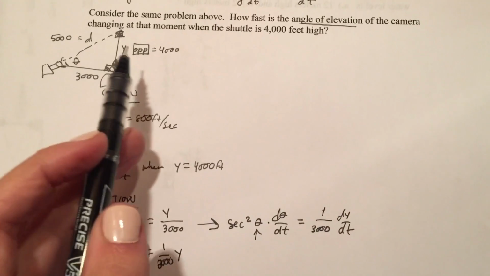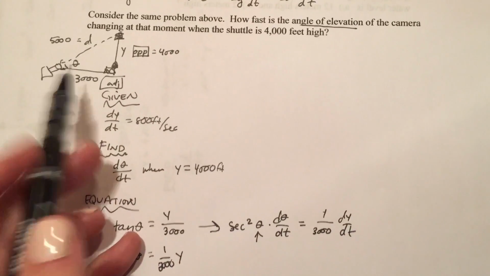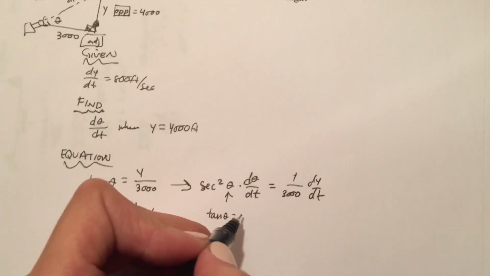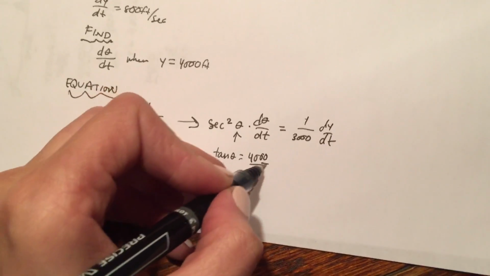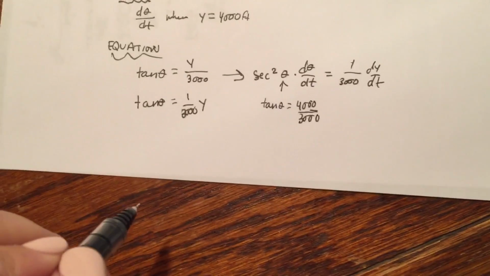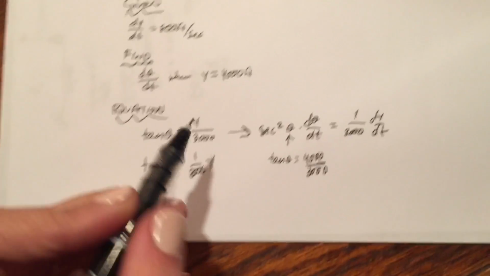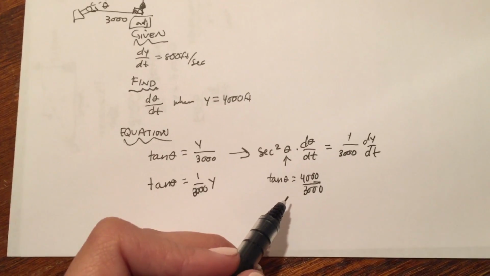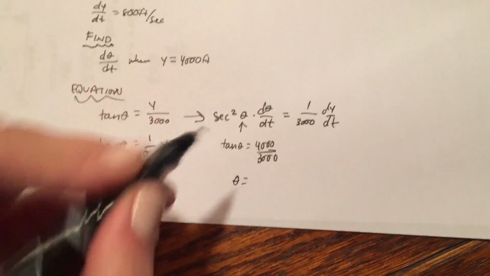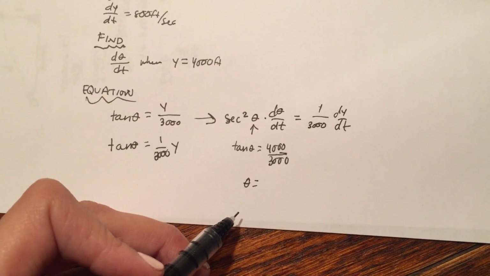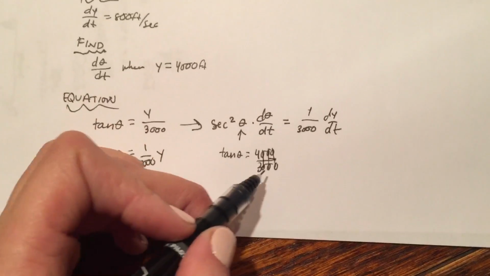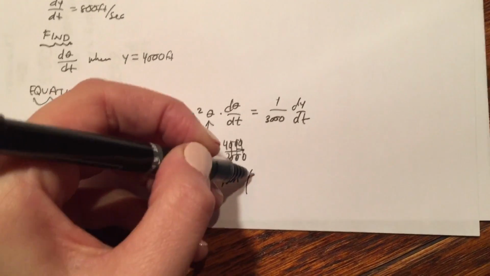Let's just say, opposite, adjacent, right? So tangent, since we already had that set up, of theta equals opposite, well, 4,000 over my adjacent side of 3,000. Okay. And so if I go ahead and find this angle, you can cancel those out and just take the inverse tan of 4/3.